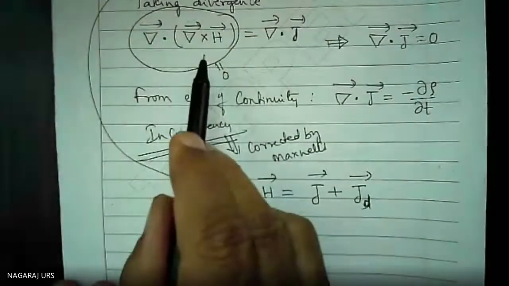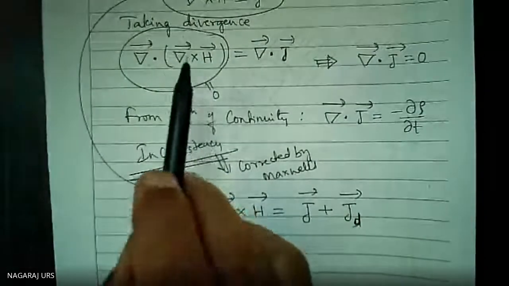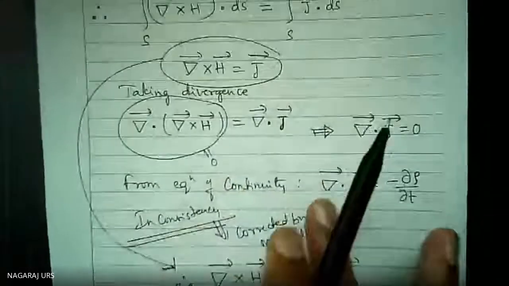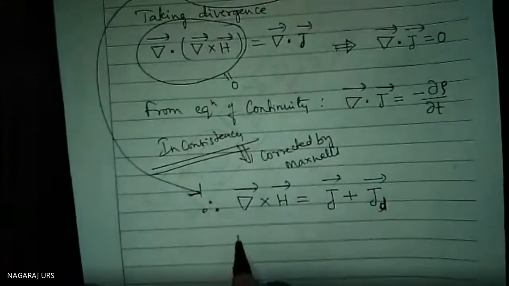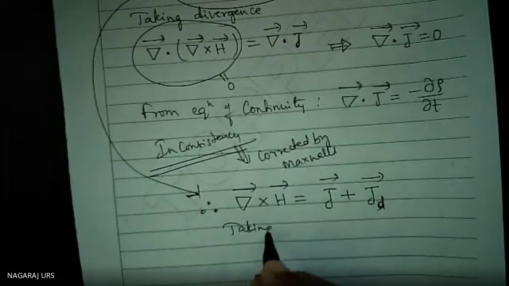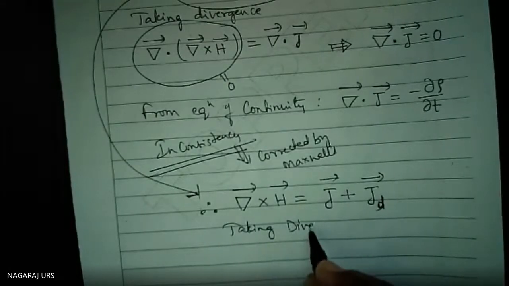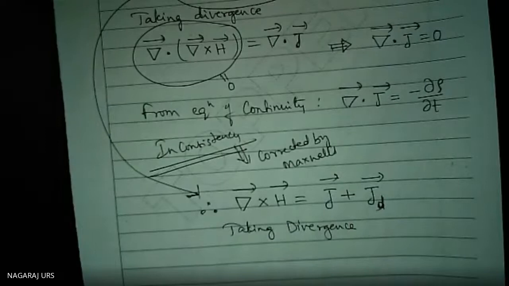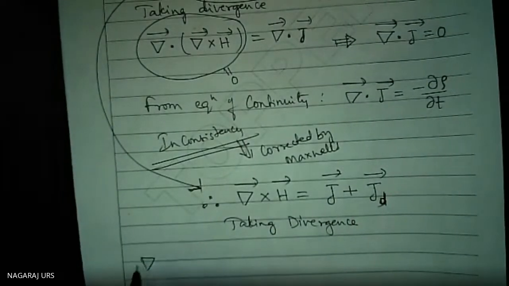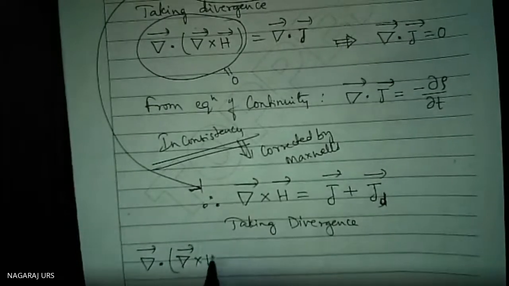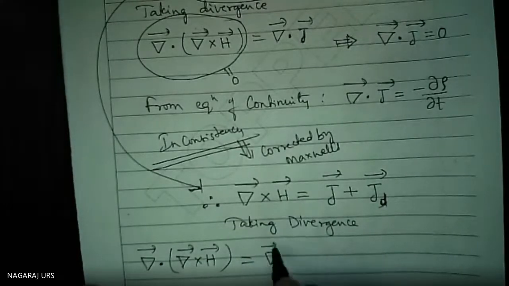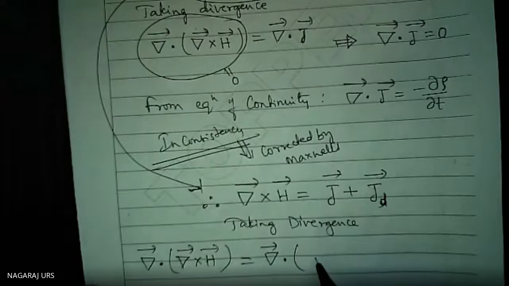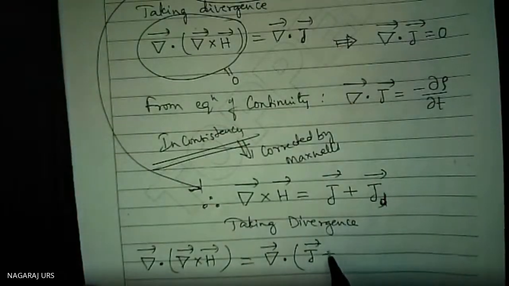Now take the divergence like this. I have taken the divergence for the earlier equation; like that, let us apply the divergence for this formula also. Taking divergence on both the sides, what are you going to get? Del dot del cross H is equal to del dot of J plus JD.